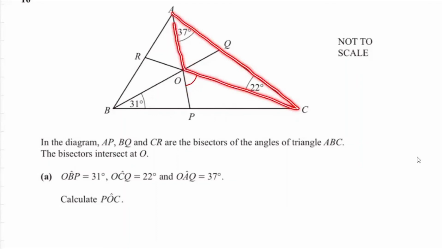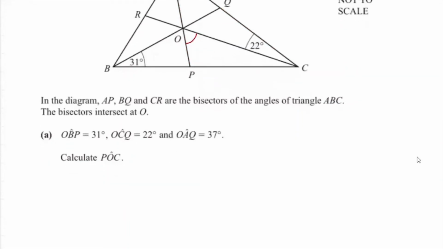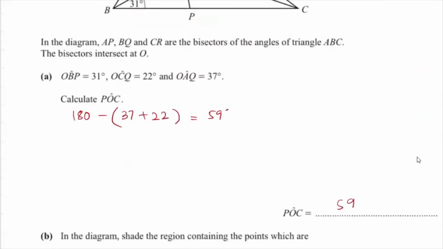Look at this triangle carefully and tell me how to find this. In a triangle, the sum is 180 degrees. You have this, you just need this. So 180 minus 37 plus 22 gives you 59 degrees. So your answer is 59.